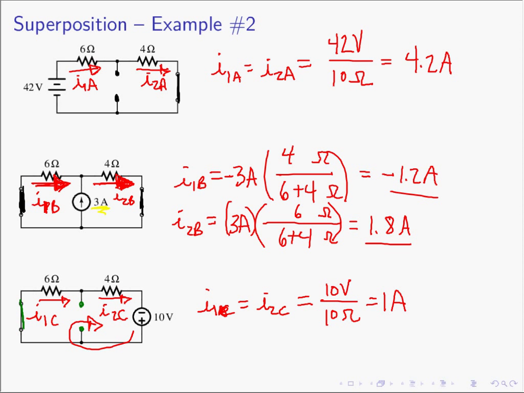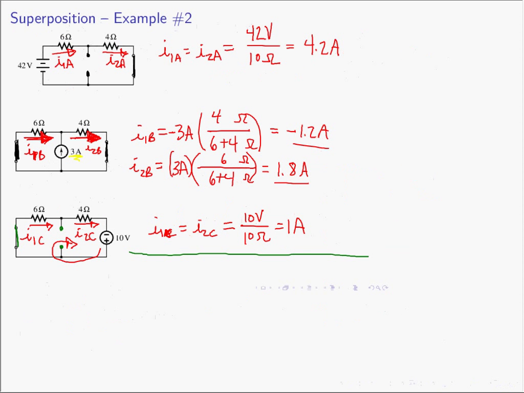So now we can use superposition. We found each of the currents, I1 and I2, due to each source acting alone, and superposition says we can now find the answer we're looking for. And I1, the total I1, is going to be I1A plus I1B plus I1C.